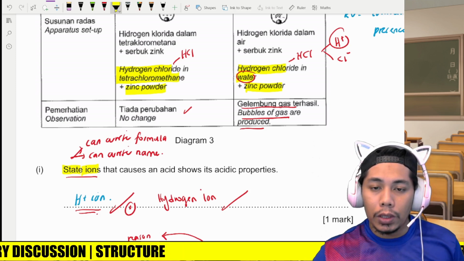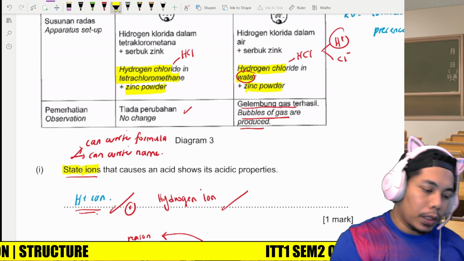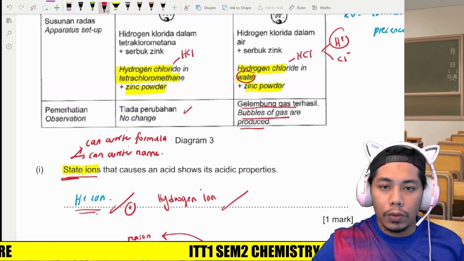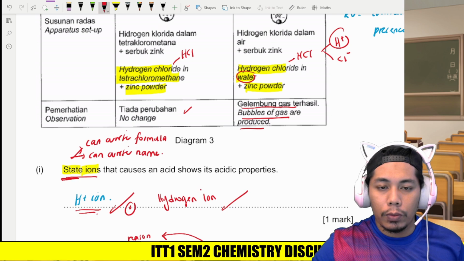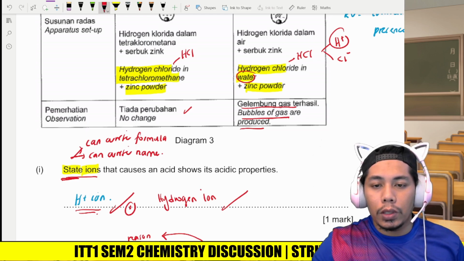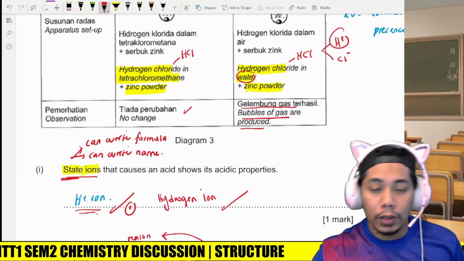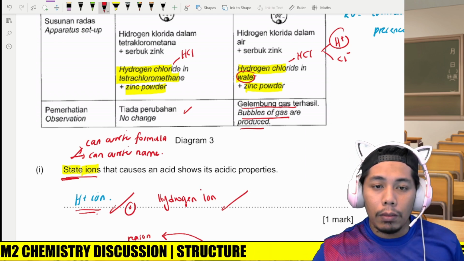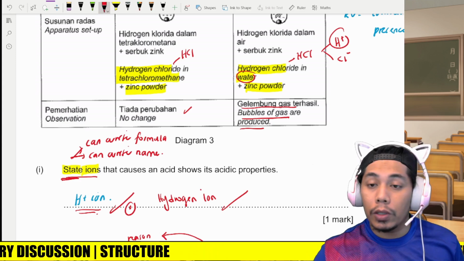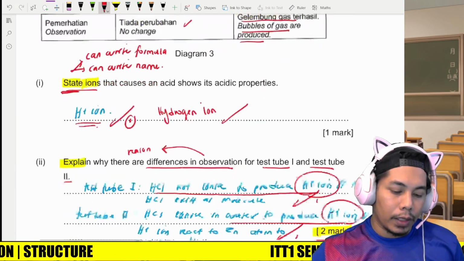Okay, without hydrogen ion, it cannot shows acidic properties. Satu lagi perhatikan kalau soalan kata state, so maksudnya kamu boleh write the formula, atau maksudnya H+ ion, ataupun kamu juga boleh tulis nama penuh hydrogen ion. Salah satulah. Tapi kalau kata name the ion that causes an acid shows its acidic properties, kalau name kan tulis nama penuh hydrogen ion. Okay, satu markah.